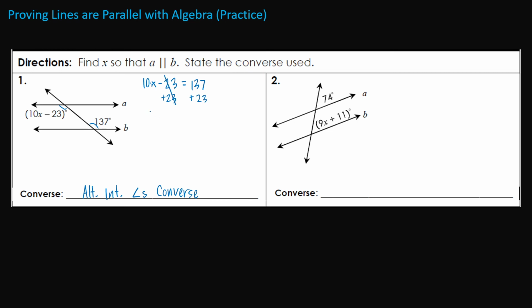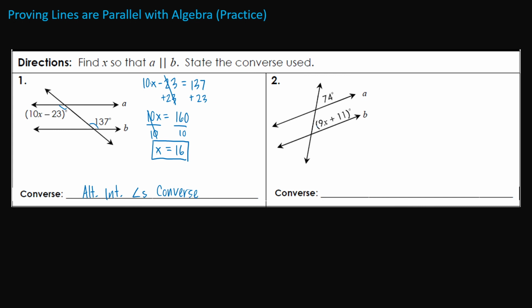This is eliminated. 10x is equal to 160. We'll divide both sides of the equation by 10. This is reduced to 1, and x is equal to 16. So these lines A and B are only parallel if x equals 16. Any other value of x would make these lines not parallel.